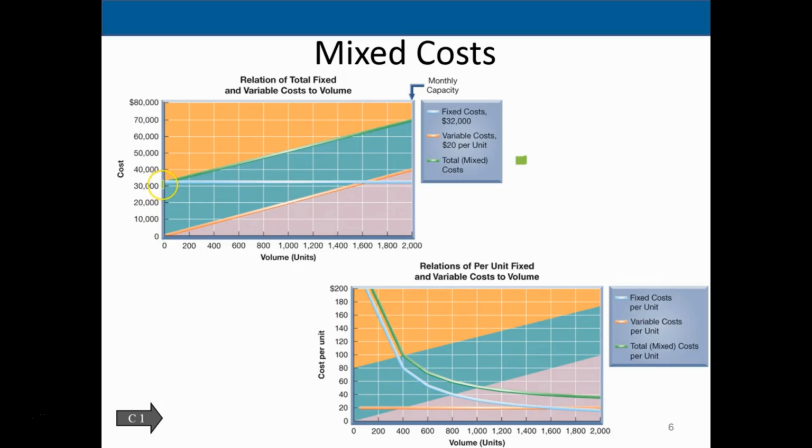It starts here at the fixed cost level, because even if we didn't produce any pastries, we would still be paying the fixed cost, and then for every pastry we produce, the fixed cost stays the same, but the total cost will go up at the same level, $20 per unit, as we produce more pastries.